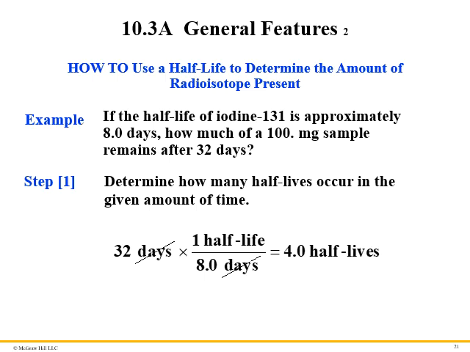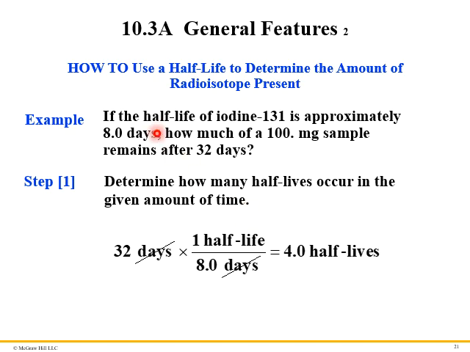How do we use half-life to determine the amount of radioisotope present? For example, if the half-life of iodine-131 is about 8 days, how much would a 100 milligram sample remain after 32 days? Well, we need to figure out how many half-lives we're dealing with, right?